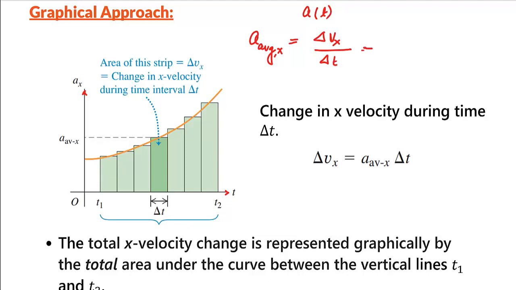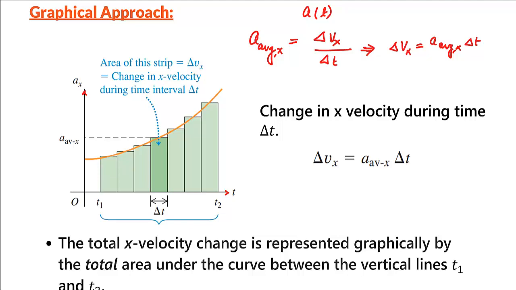I can also write that change in velocity in the x direction is equal to average acceleration in the x direction multiplied by delta t.